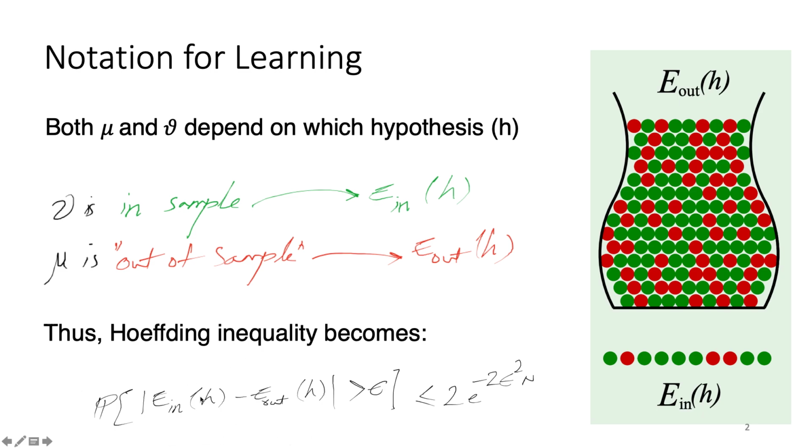which was the difference between your in-sample error and your out-of-sample error being within a small margin of epsilon, is less than or equal to a negative exponential, and that exponential itself corresponds to your epsilon. So if you take epsilon smaller here, it's going to affect you in a negative way, because it's going to diminish the effect of your n, and n was your sample size.